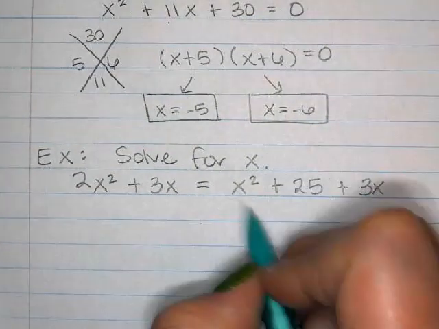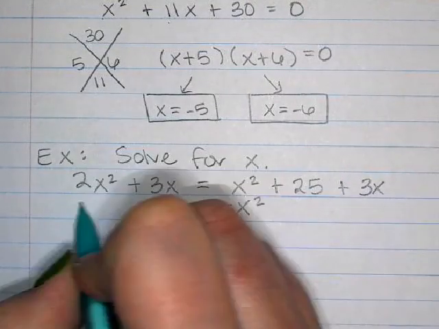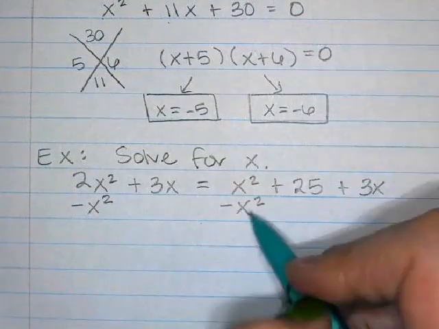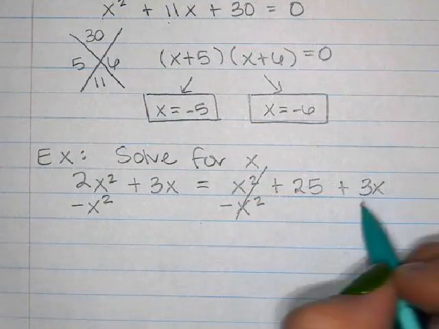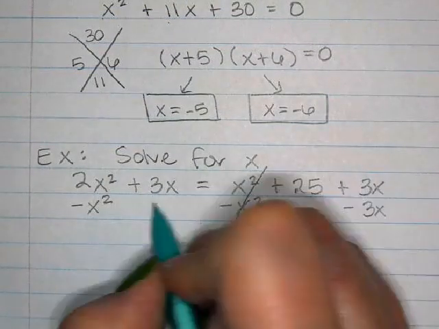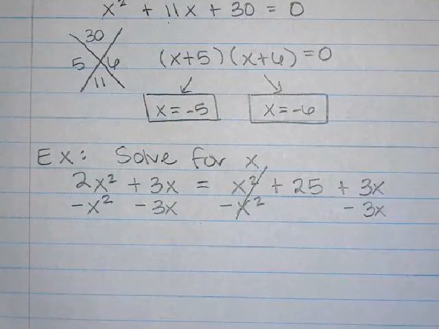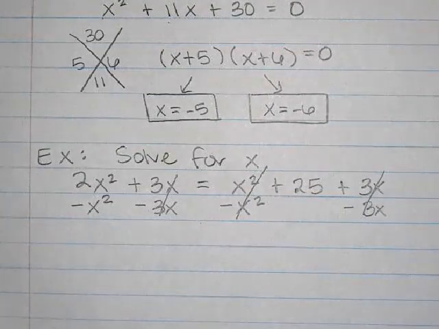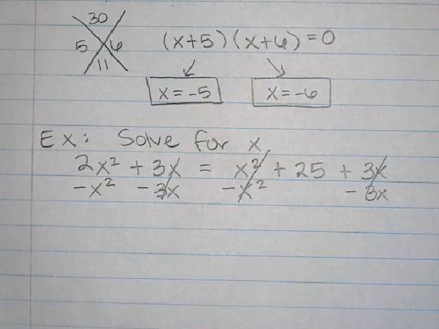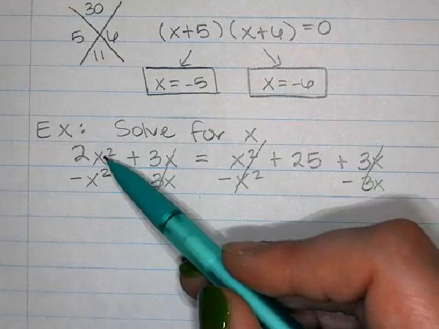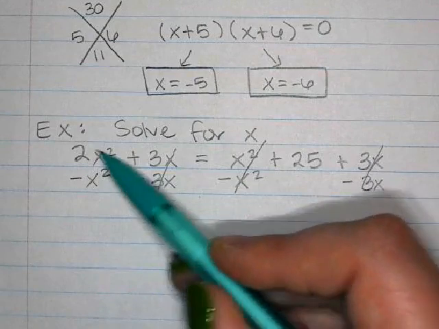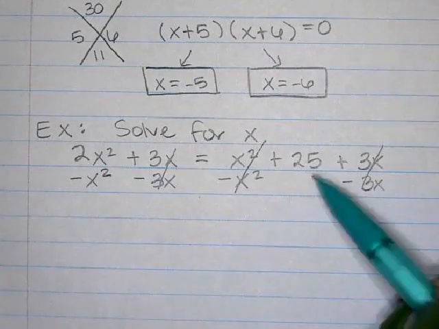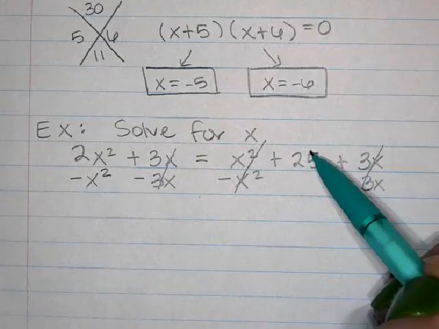Okay. And then we can move the 3x over. If all we have on the left side is an x squared, and all we have left over on the right side is a 25, should we still move everything to the left side?